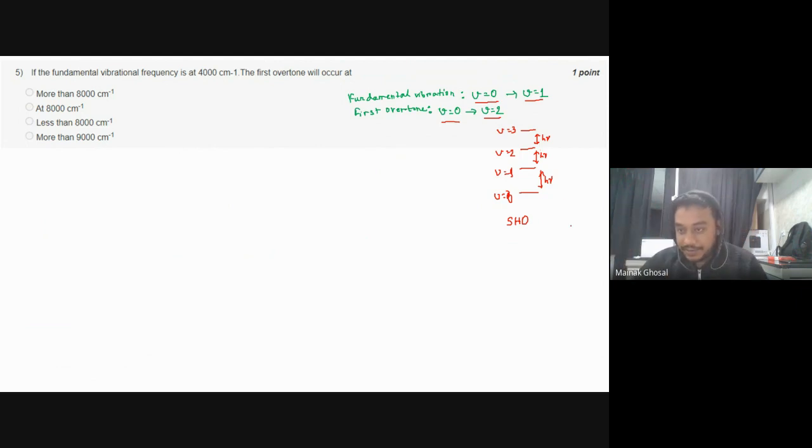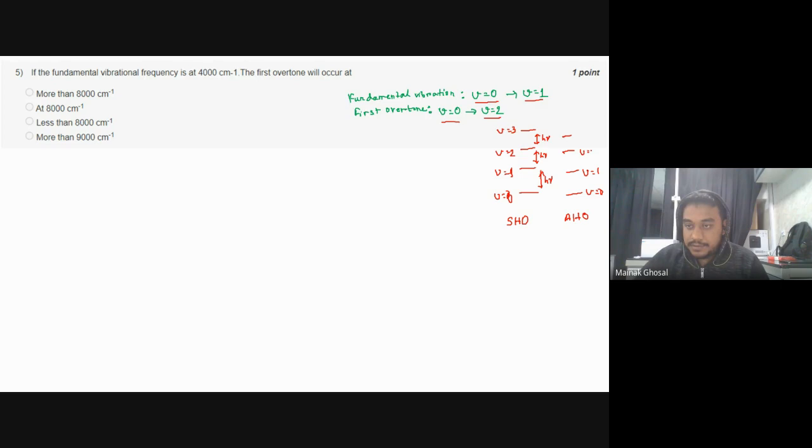But for the actual case, the anharmonic oscillator, I have shown you that as you go up, the vibrational energy levels get closer. So for the anharmonic oscillator, levels 1, 2, 3 are getting close.